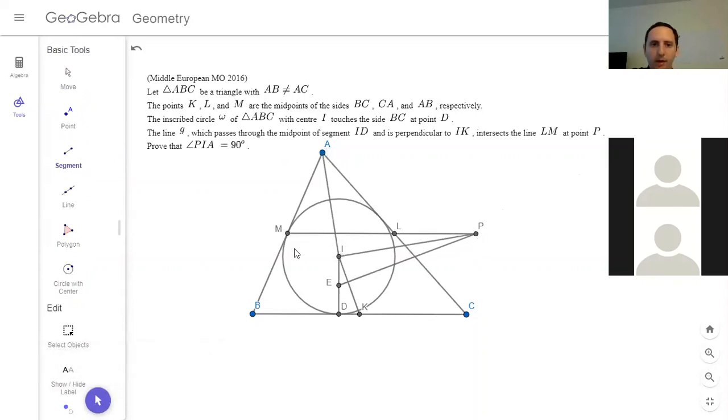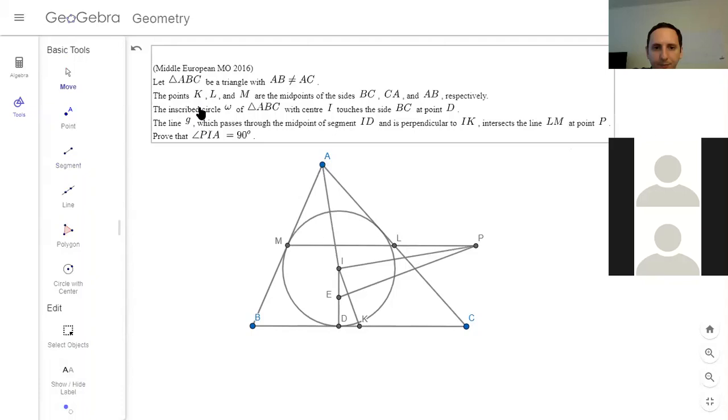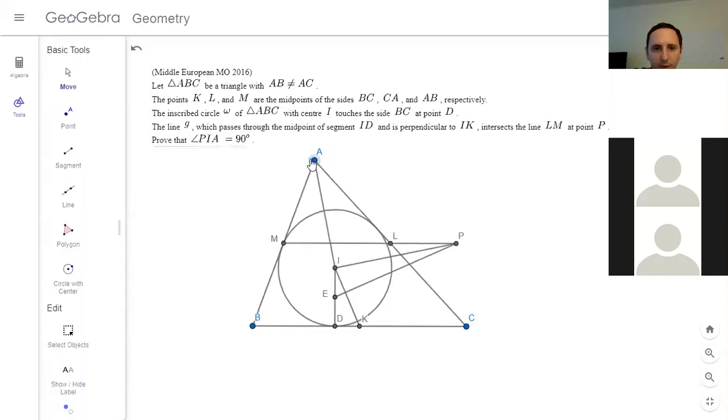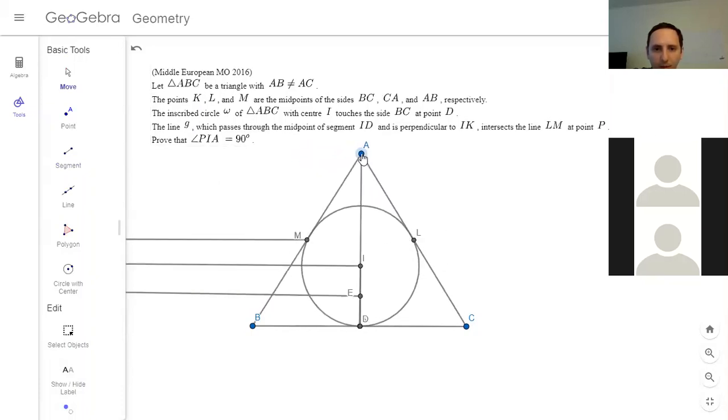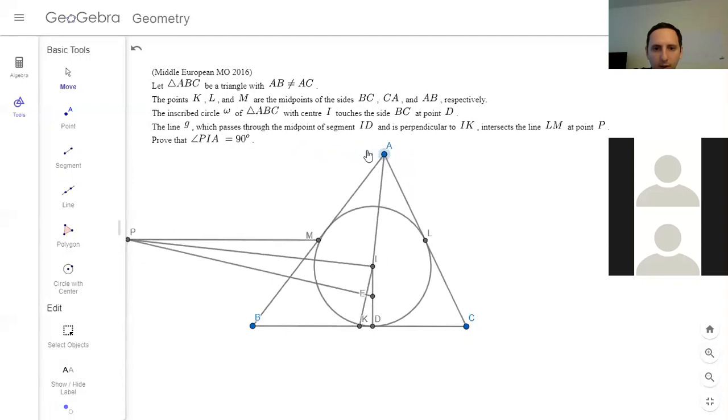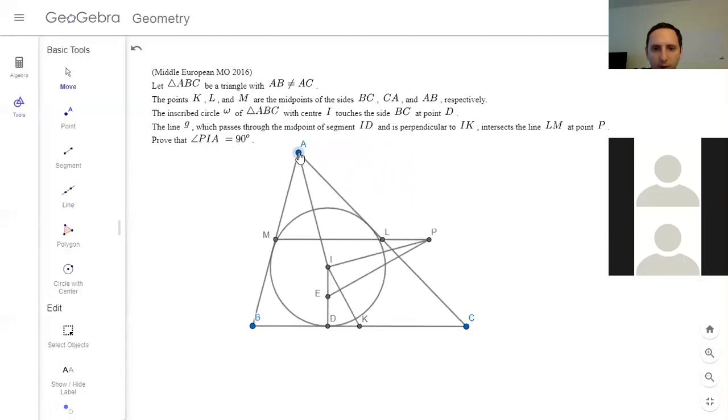So we want to show that PI is perpendicular to the angle bisector from A. Actually, I'm not sure if this was the problem I saw before. I think it is. So yeah, it's really random.